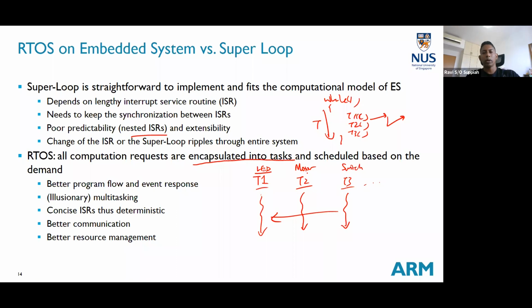All right, so we are going to be developing our architecture with this idea that I will create tasks, and each task will be written as if it owns the CPU, but at the same time, there are a lot of mechanisms in place to ensure that tasks can communicate with each other and share data with each other.